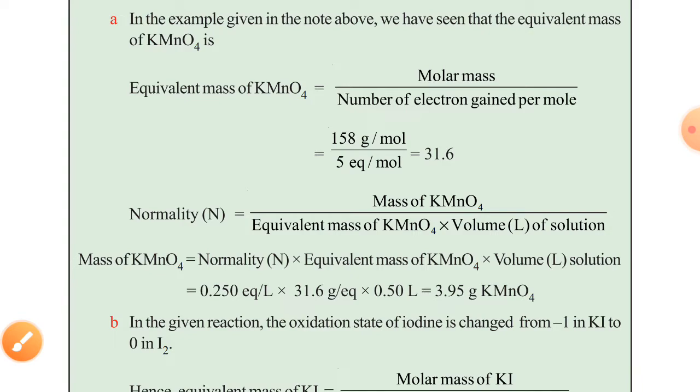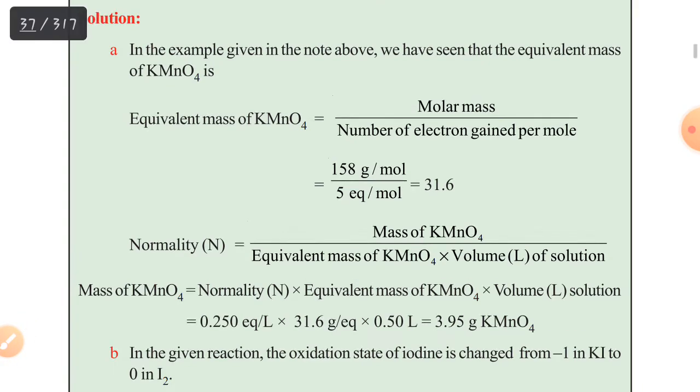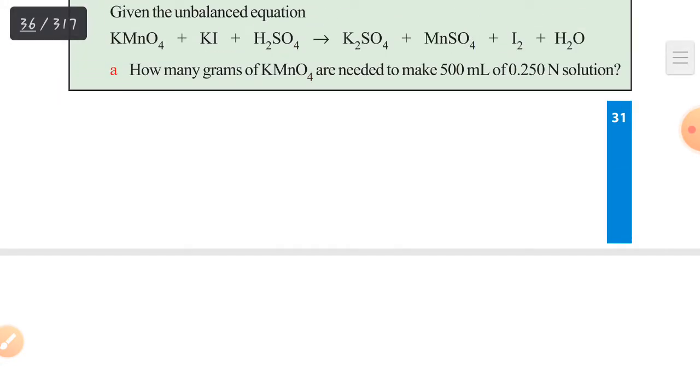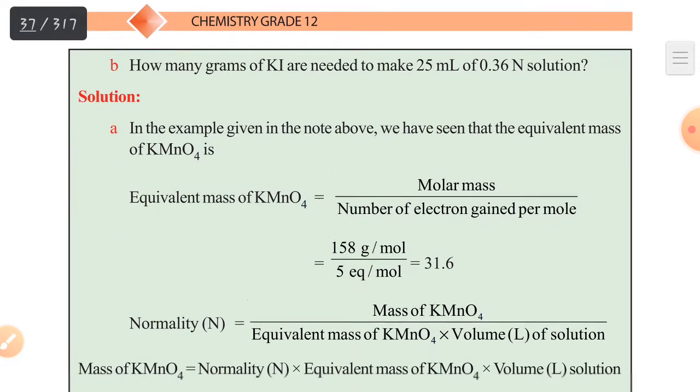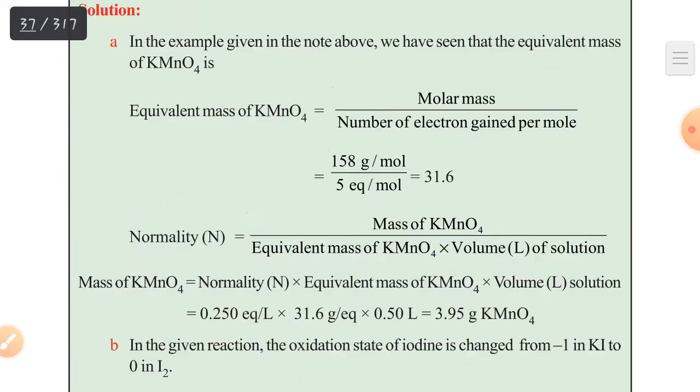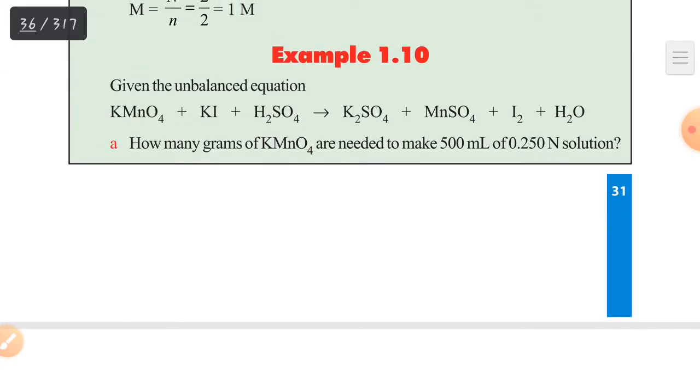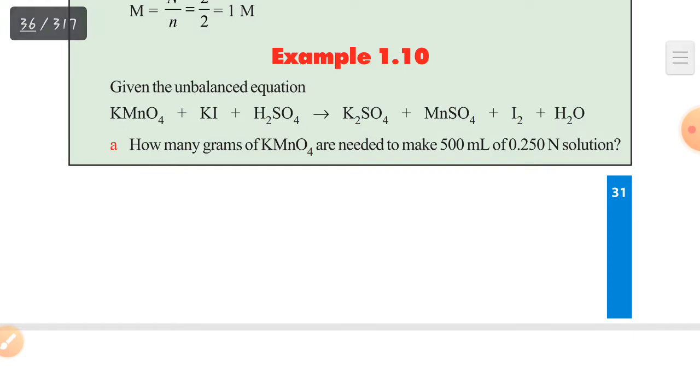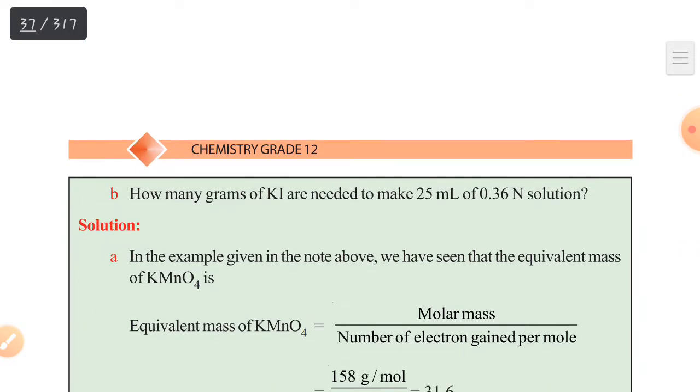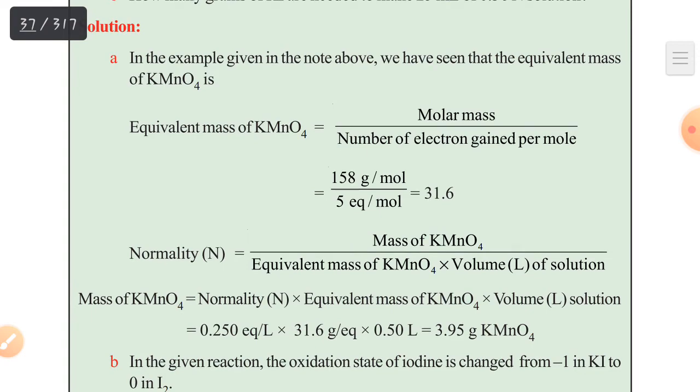Normality is given as 0.25, volume is 500 milliliter, which is 0.5 liter. Okay, so normality which is 0.250 times equivalent mass which we calculated, 31.6, times volume which is 0.5. So when we calculate, we get 3.95 gram of potassium permanganate.